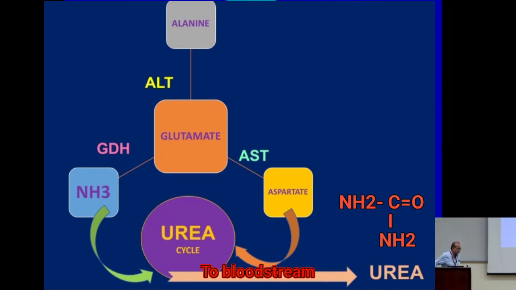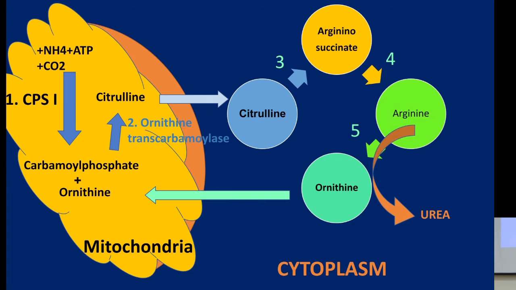Now we want to go through some of the details. This is an old slide, but I like it because of how big it is. So here's the mitochondria, okay? We're going to start with what I just was talking about.